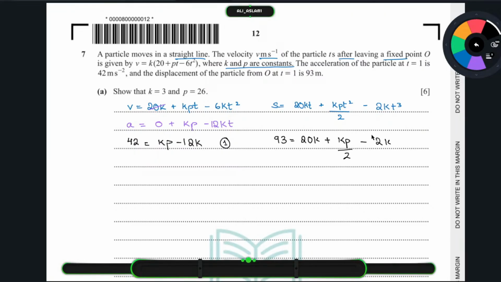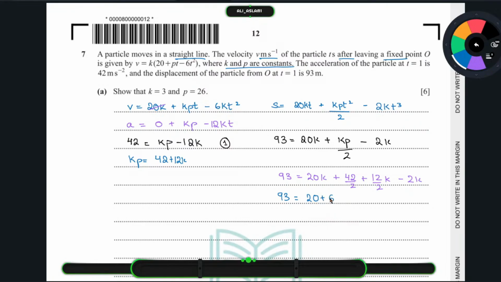I can substitute kp with 42 plus 12k and get the value of k. 93 is equal to 20k plus 42 over 2 plus 12 over 2 k minus 2k.